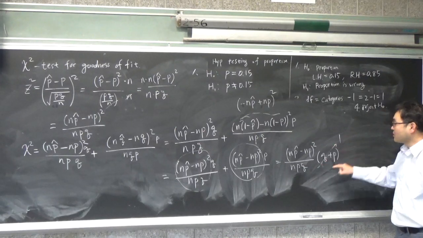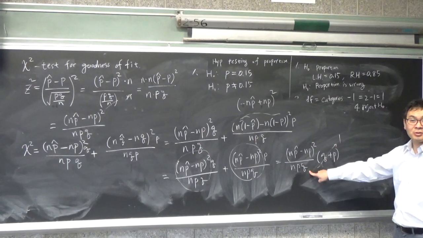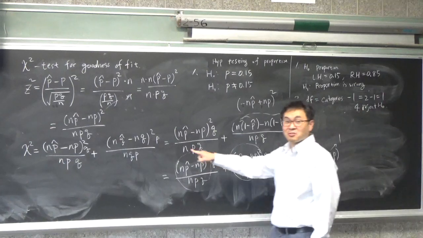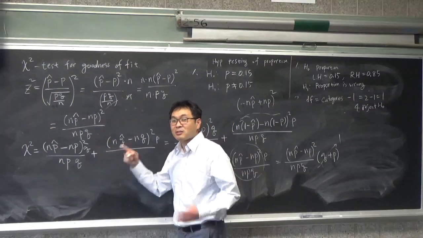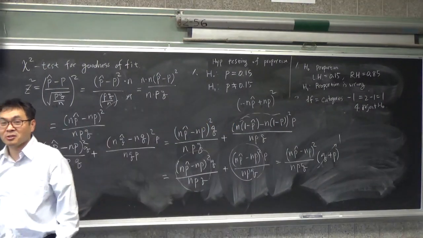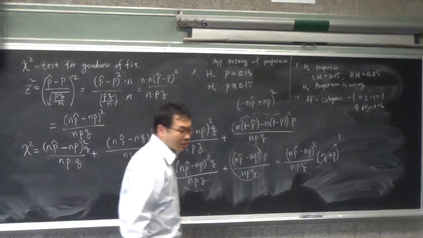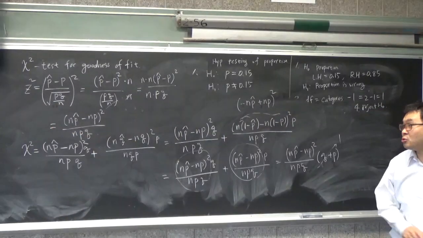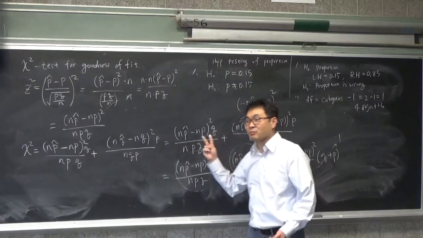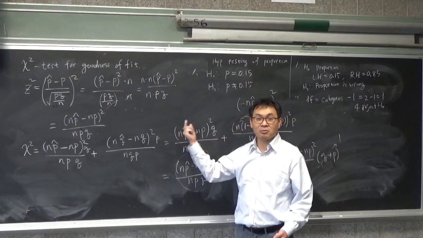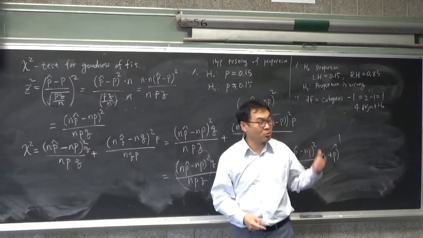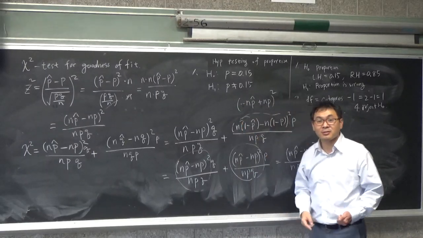So this is just 1. So what did we just prove? This is indeed the same as the other one, so that's why it will always be true. I've just shown you that when you just have two categories, it doesn't matter if you use the test of the proportion or the chi-square goodness of fit. Is that okay?